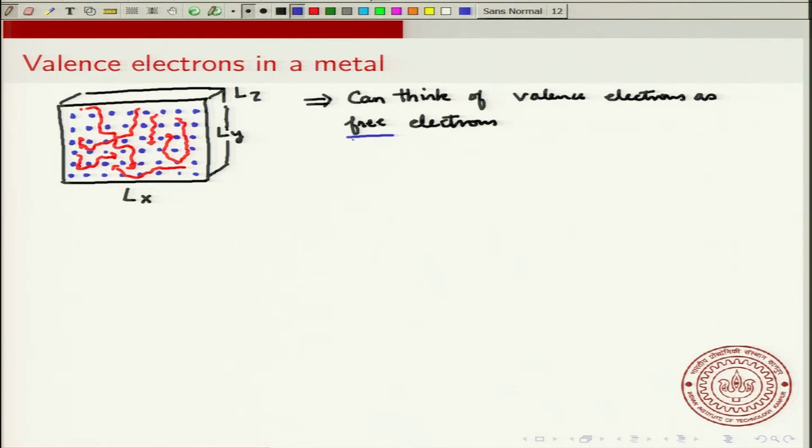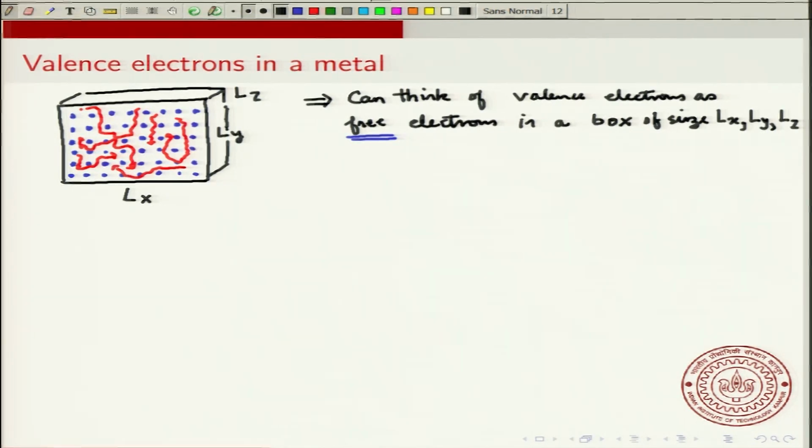Here, free means it is not interacting with anything, so they can move around freely, free electrons in a 3D box that has dimensions Lx, Ly, and Lz. So, you can think of valence electrons in a metal in this way, and this is what gives you what is called the free electron model.